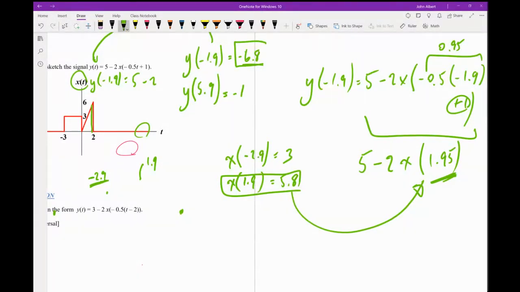Numbers don't seem to make sense, but I hope that I have made a mistake in the calculations. Okay. X of 1. No, I think they're okay. If I take x at 1.9, it's 5.8.